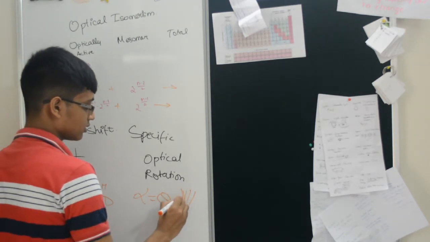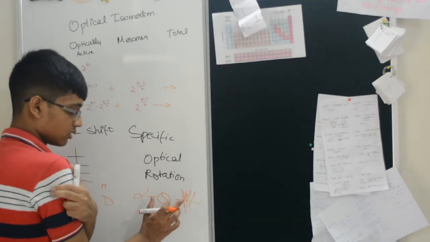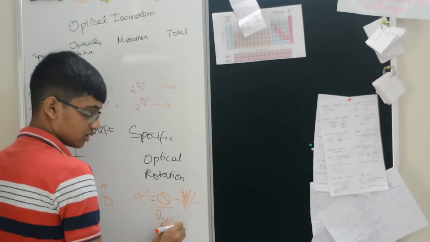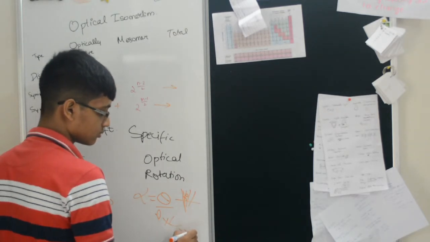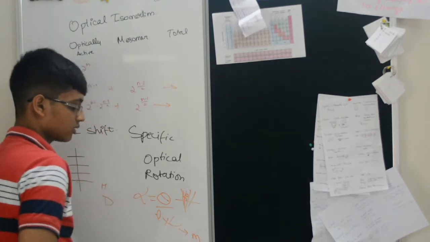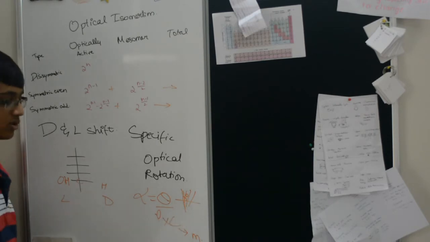So if this is initial, then this would be theta, correct? Then theta divided by the length of the polarimeter times the concentration, which is basically moles of the liquid. Now use this formula and you get specific optical rotation.